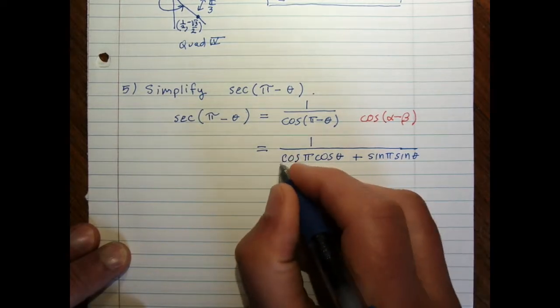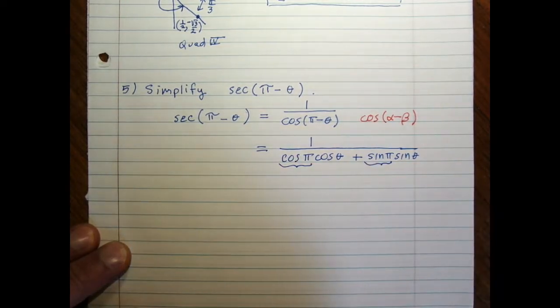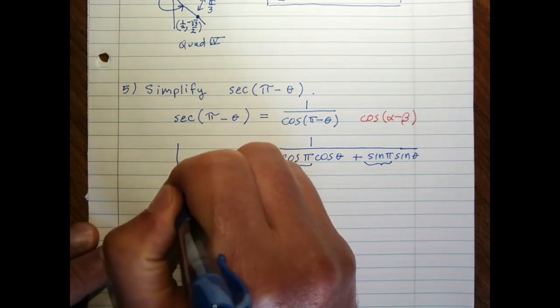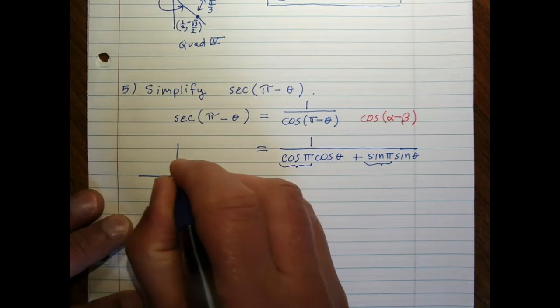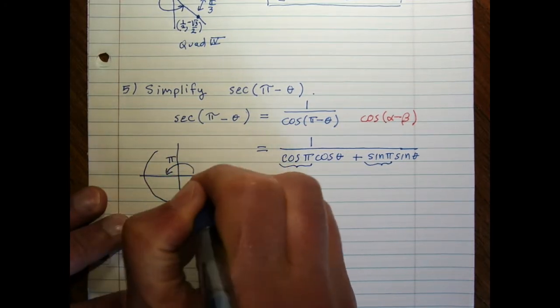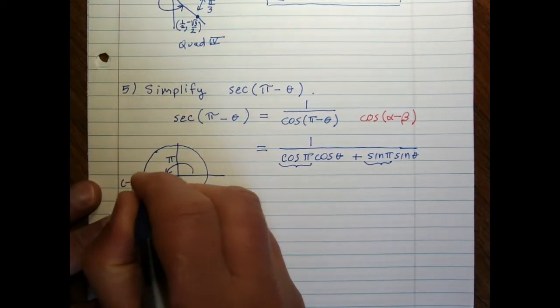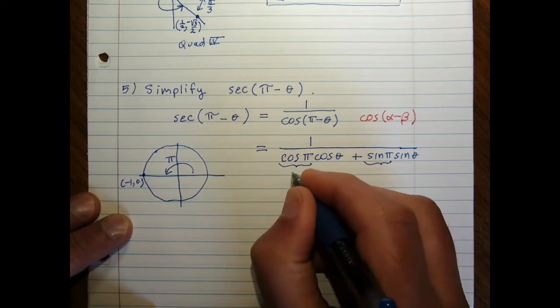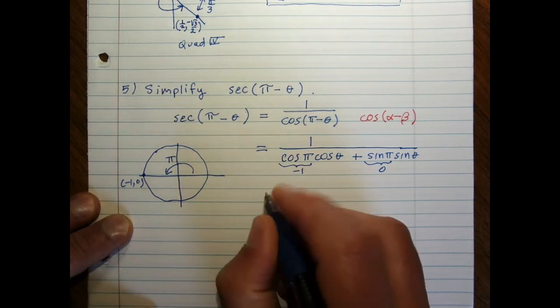Now I can evaluate cosine pi and sine pi, because we know that pi, same as 180 degrees, on the unit circle, this point has coordinates -1, 0. So the cosine of pi is -1. The sine of pi is 0.